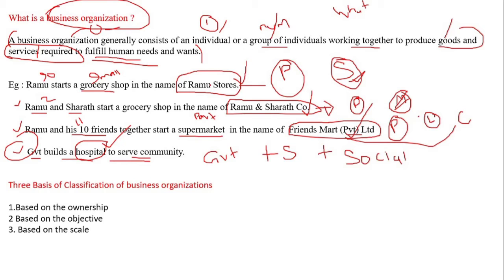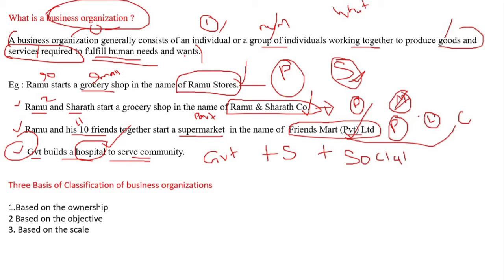Again I repeat, irrespective of the objective, irrespective of the size, irrespective of the name, irrespective of the number of employees, if any arrangement that fulfills human needs and wants by the way of producing goods and services, known as what? Business organization.